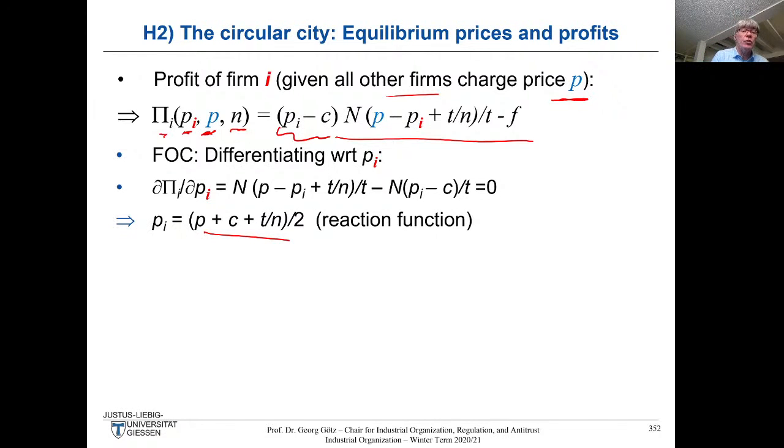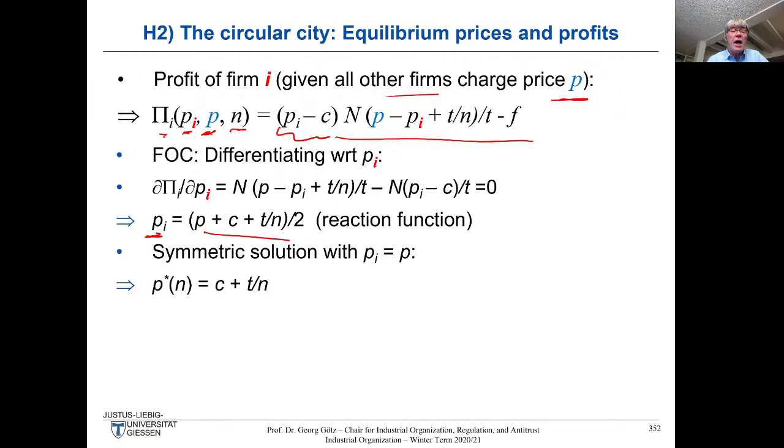And now, knowing that we are looking for a symmetric equilibrium, we set Pi equal to P, and get that the price is very similar to what we had above. We again get that the price is equal to the marginal cost plus some absolute markup, and this absolute markup now depends on the transport cost and on the number of firms active in the market.